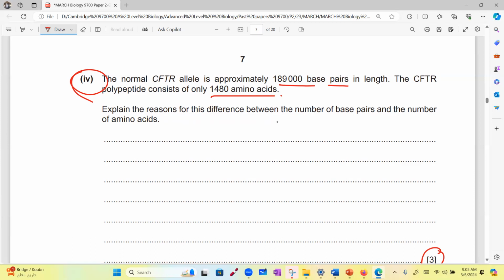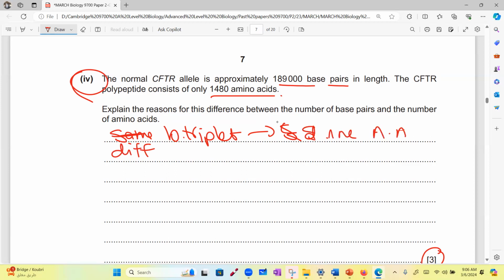Hedy said that the base triplet is degenerate. Who will remind me what is degenerate? No. Universal is something and degenerate is something else. Exactly. Different base triplets can code for the same amino acid. So I can have several base triplets, but the same amino acid.